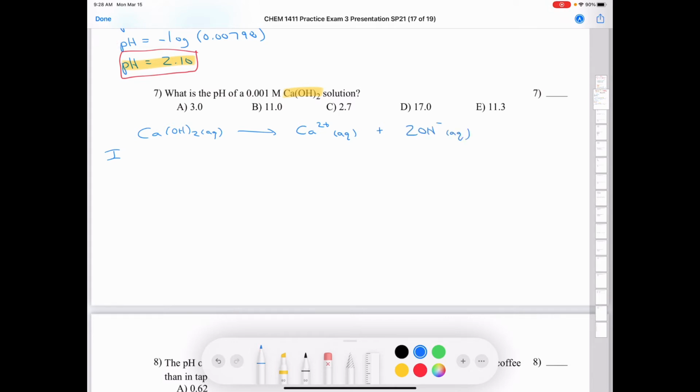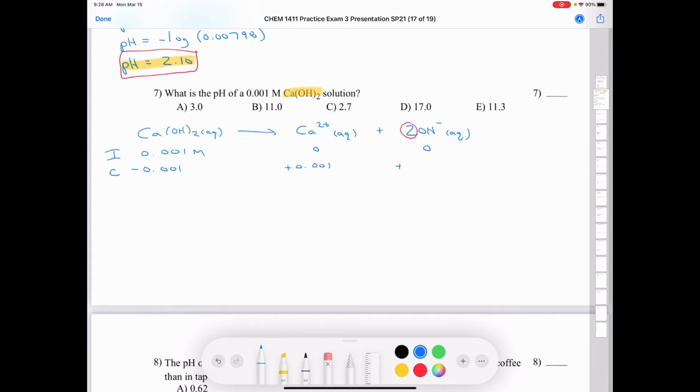So if I'm starting out with an initial concentration of my calcium hydroxide of 0.001 molar, I assume I don't have any of these initially. But then since I get complete dissociation, I'm going to lose all of the calcium hydroxide, and I'm going to produce calcium ions and hydroxide ions. The thing is that I'm going to produce 0.001 molar calcium ions, but I'm going to produce twice that concentration of hydroxide ions.